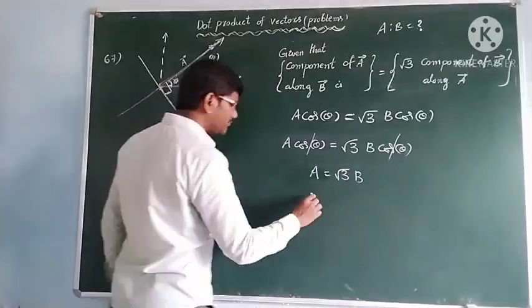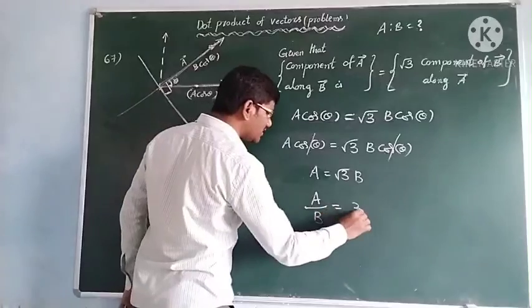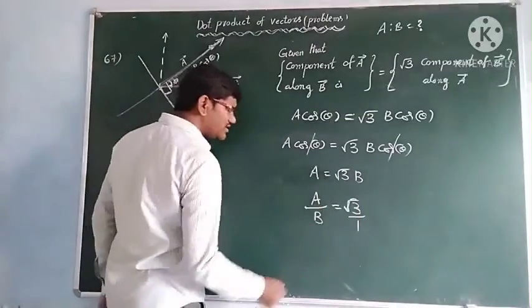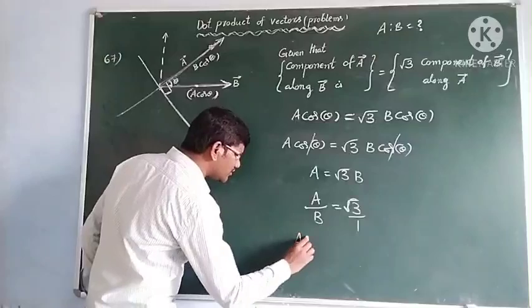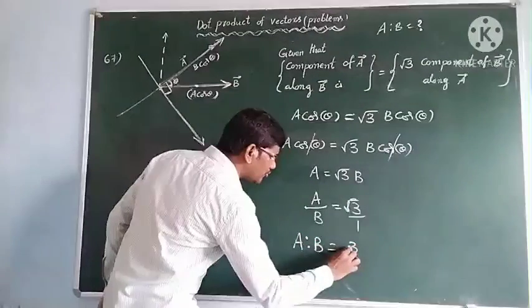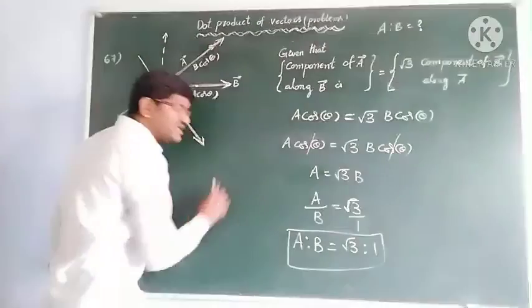Then the ratio a by b is equal to root 3 by 1. So a is to b is equal to root 3 is to 1. This is the answer you are getting, student.